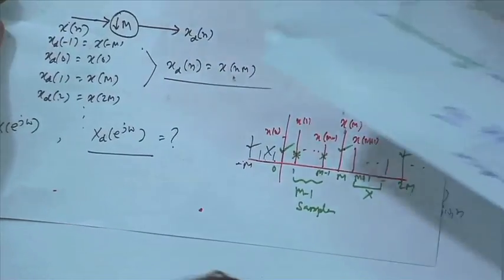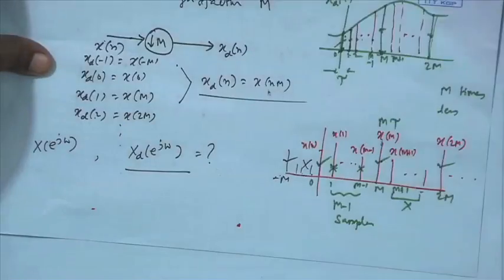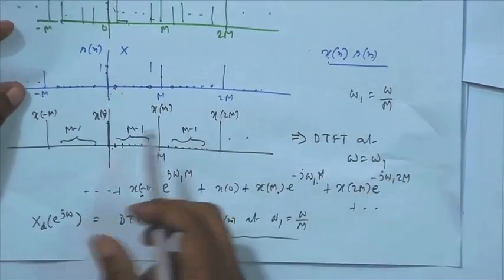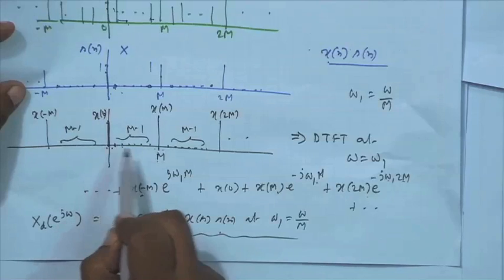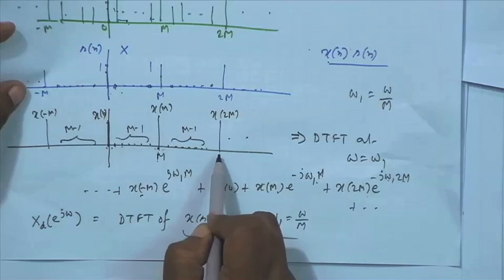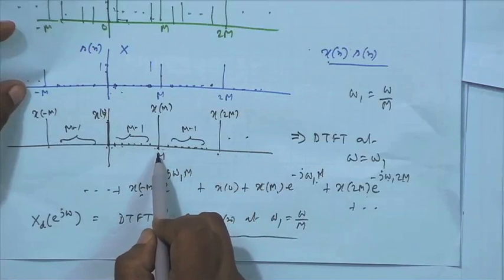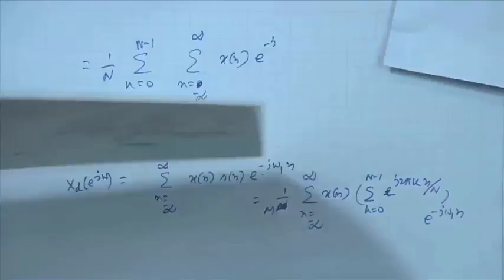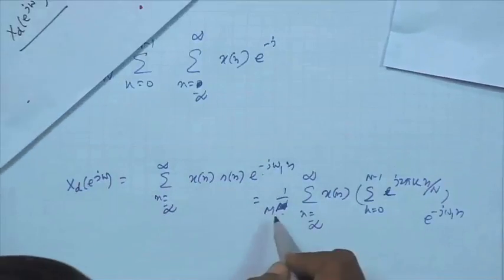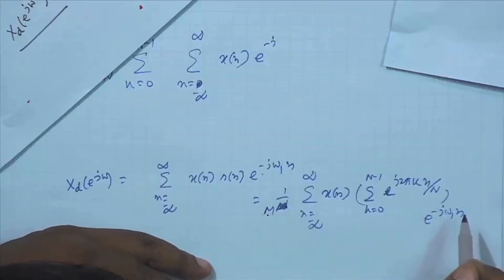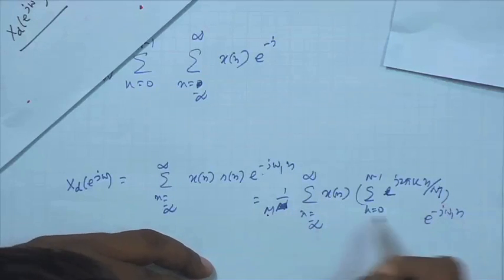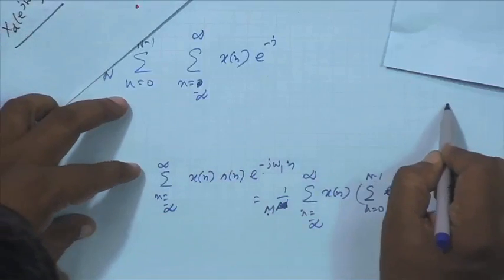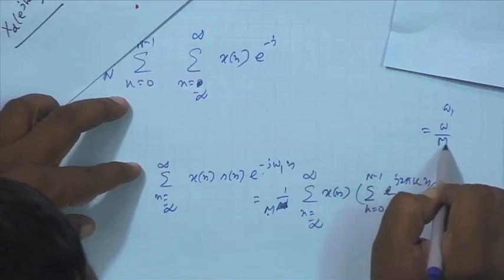This is a sampling sequence. Earlier I took 0, then capital N, 2N, 3N, that is M, capital M, 2M. So, that is why in this formula I should not write n, it should be m, everywhere it should be m. And omega 1 I know is omega by m.